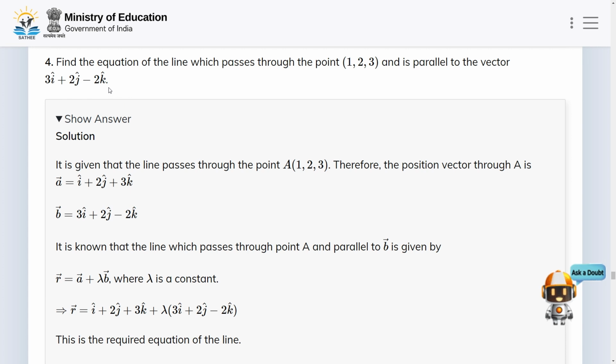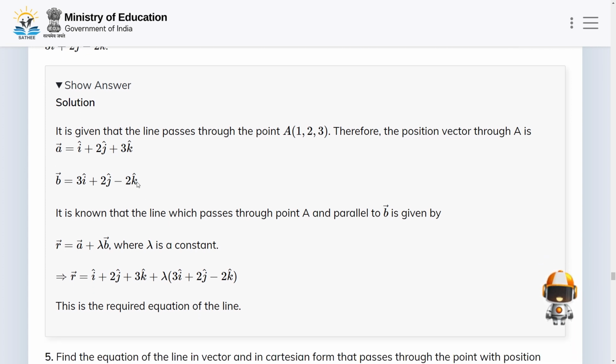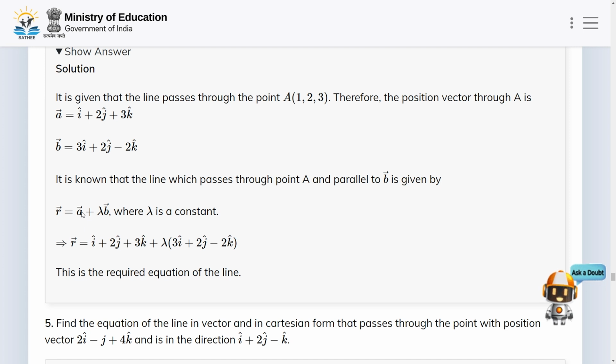And the given vector will be your parallel vector to the line. This means this represents your B vector. Whenever you have such cases, always use this form to get your line equation: the initial or position vector A plus lambda times B vector.